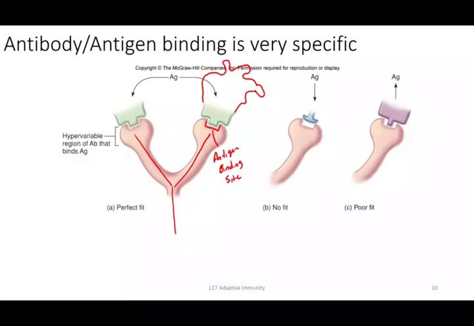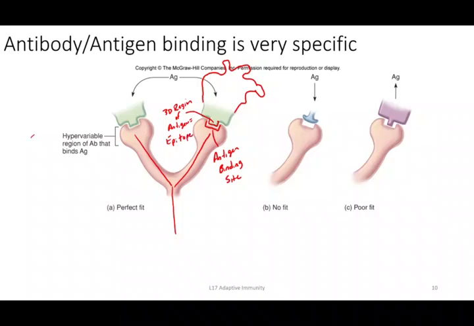Notice that this antibody does not bind the entire antigen all at once, but instead, there's only this one three-dimensional region of antigen. And so, of course, that has a name. We defined it earlier. That three-dimensional region is called an epitope.